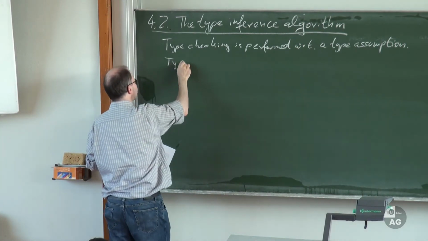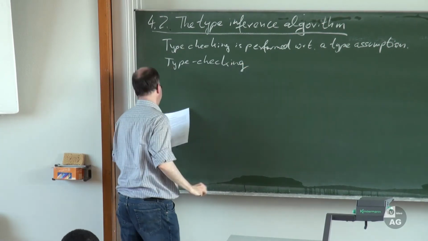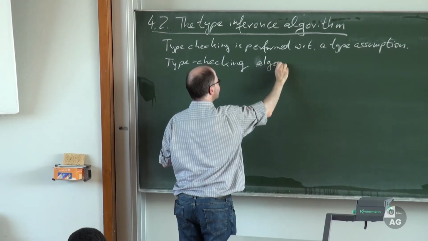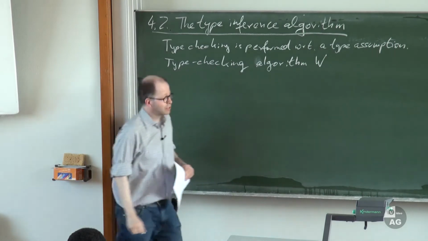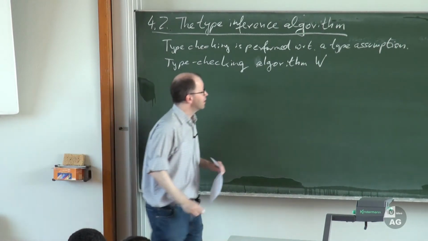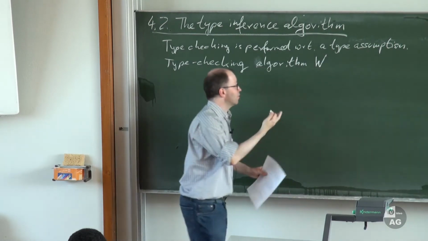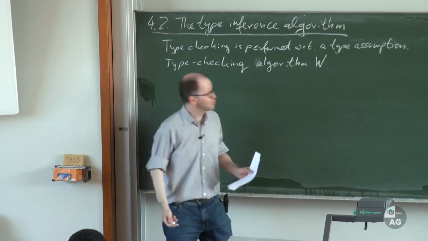So the type checking algorithm has the beautiful name W. W for historical purposes. So this was invented by Robin Milner and related people, and they called it W. I don't know why they called it W, but it's called W. At least it's short.